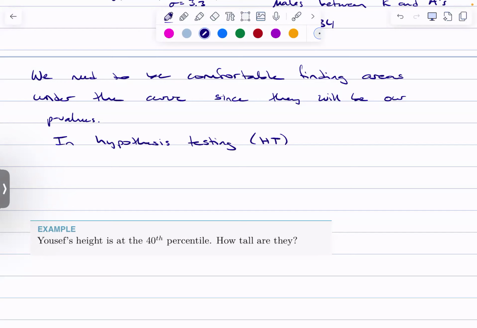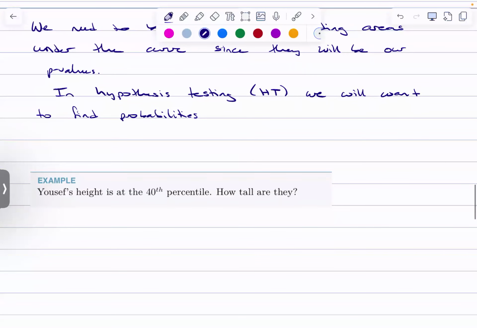So in hypothesis testing, we want to assign probabilities to some point estimate. We will want to find probabilities associated with a point estimate, which is generic on purpose.